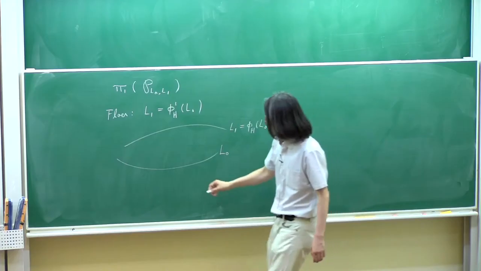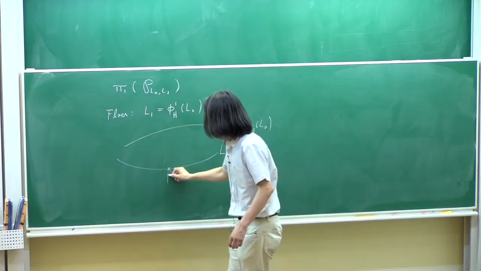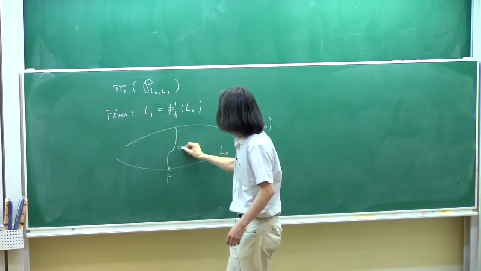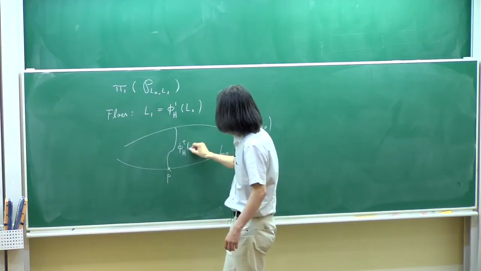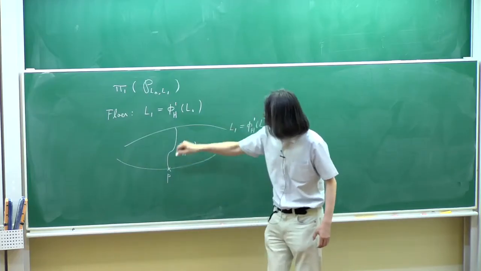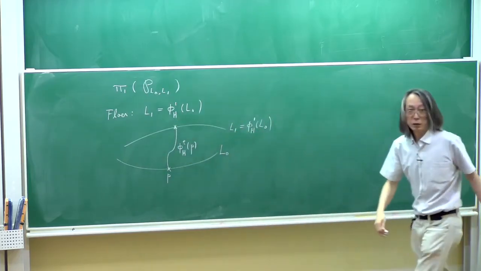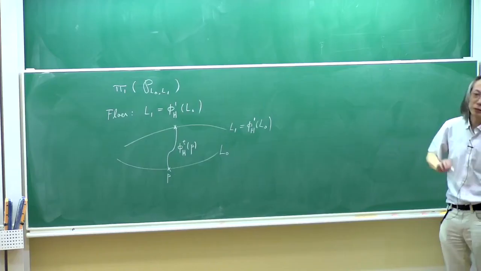Certainly, if you start from some point here, there is a path phi_h^t of p, and then the endpoint lies on L1. So you have such a path.